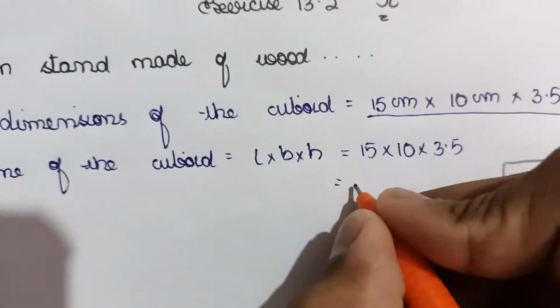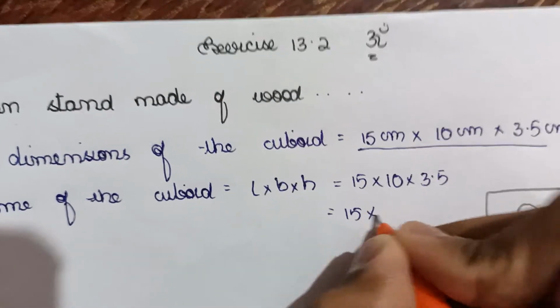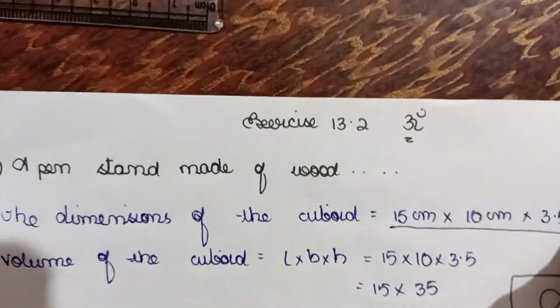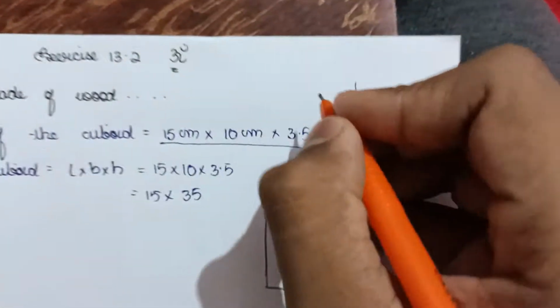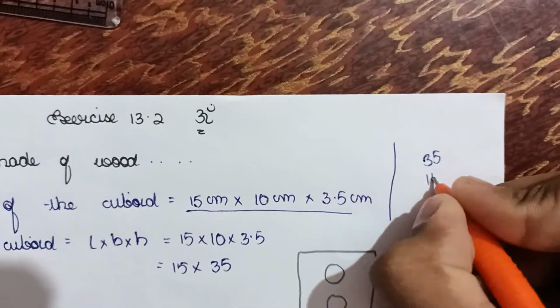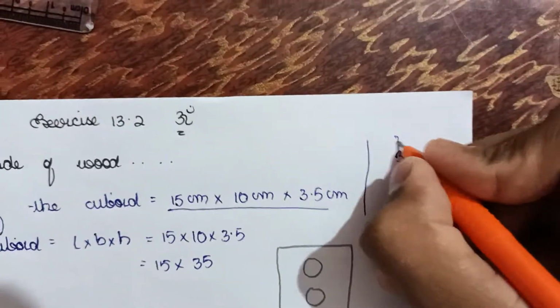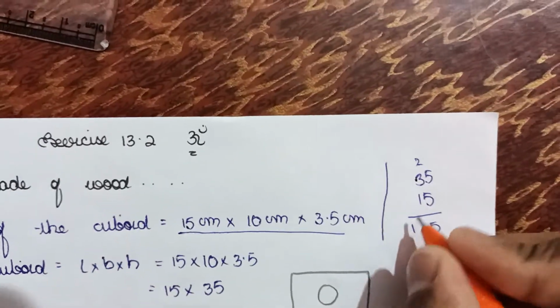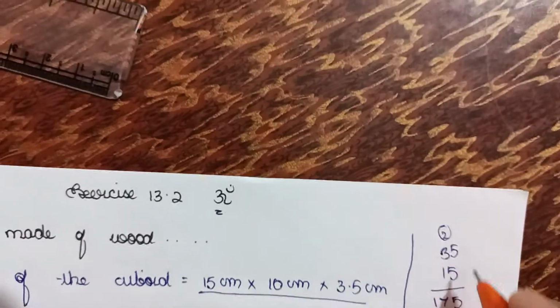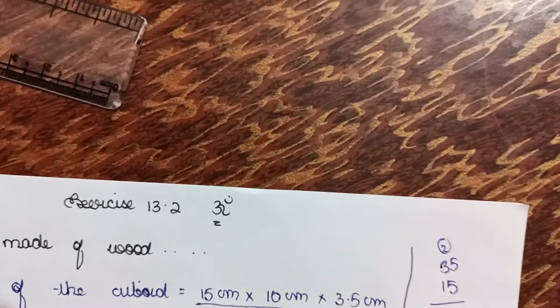So here we go. 15 into 3.5 into 10 is 35. So let's perform some rough work at the right side end of the paper. 35 into 15: 5 5s are 25, 5 3s are 15, and then let's add, and we get 175; 1 5s are 5 and 1 3s are 3.